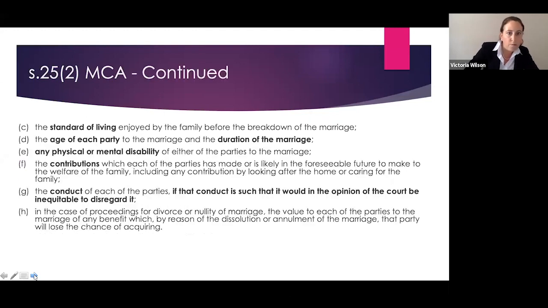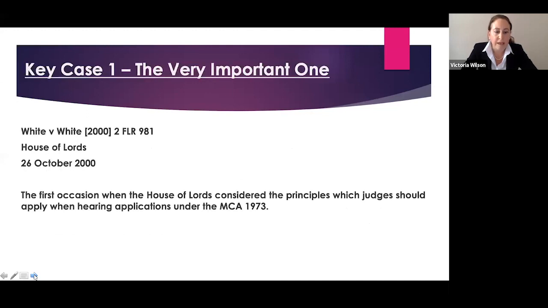If we go over, we've got standard of living, age of each party and the duration of the marriage, any physical or mental disability, the contributions of the parties. G is conduct. It's quite extreme conduct, so you've got to use that power sparingly. And H is one that we don't come across so much, but we include that for the sake of completeness. Any benefits you lose the chance of acquiring, but I'd suggest probably A to F are the most important ones.